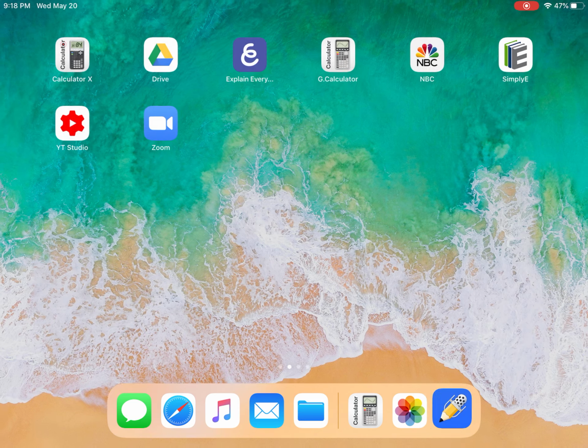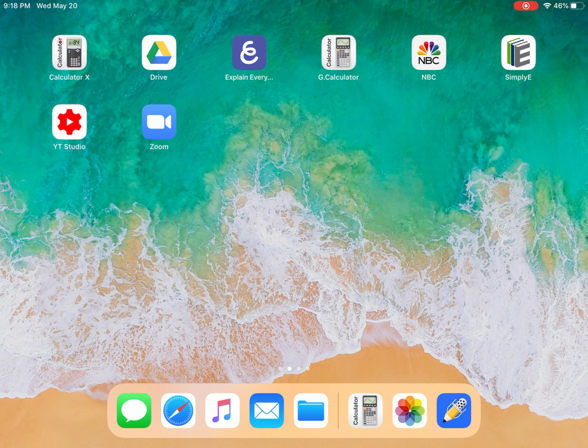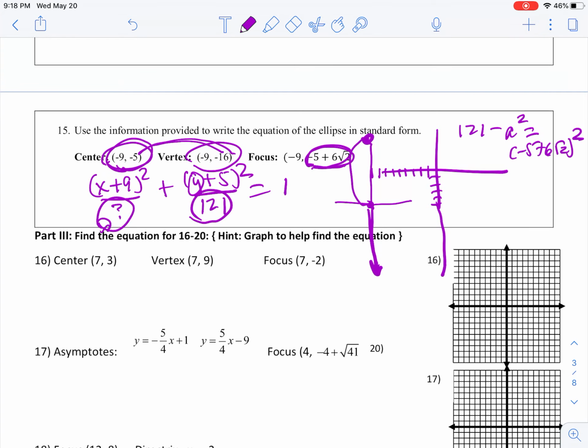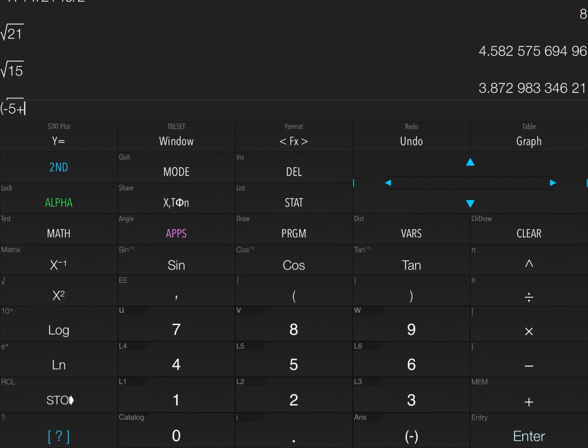Let's do it. We could do it by hand or with the calculator. So I had parentheses -5 plus 6 square root of 2, squared.